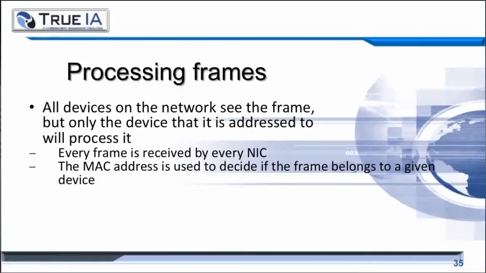So when connected to the hub, all devices on the network see the frame, but only the device that it is addressed to will process it. So every frame is received by every NIC. Remember, I explained it was a large broadcast domain. We'll get into the broadcast domains a little later. However, understand at this point, all we're trying to do is get our data from one machine to the next. That is what the MAC address helps us do.